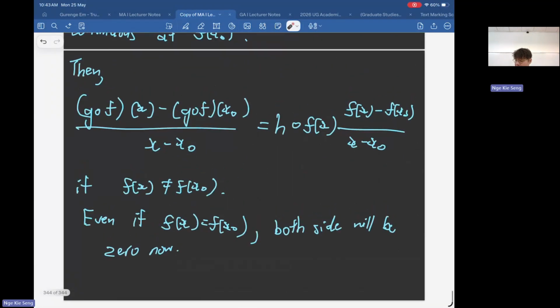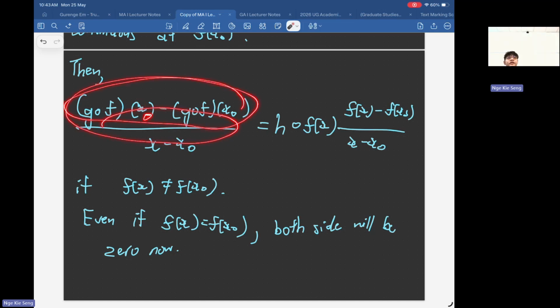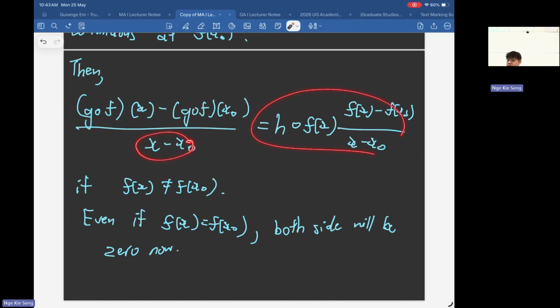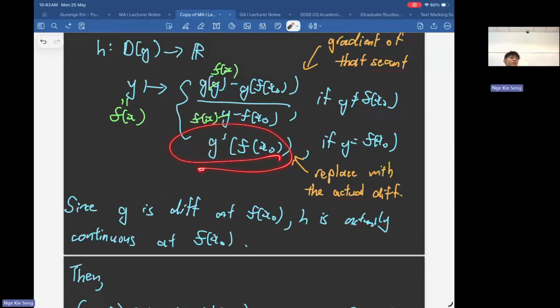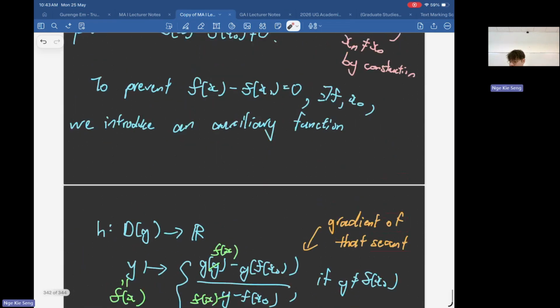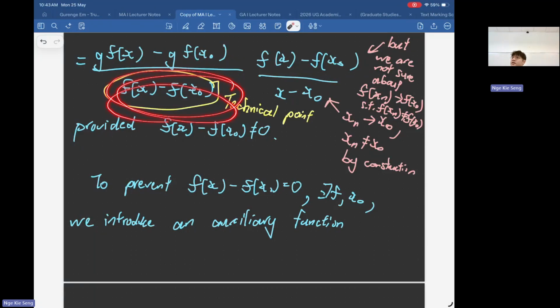In this case, if you just replace x with x_0, this term is immediately 0 over something non-zero, because we can make sure that x_n is not x_0. On the other side, we also have this property here, because h(f(x_0)) gives us this special value, which is non-zero, or 0, it doesn't matter, as long as we don't have 0 occurring in the denominator. This is our point.